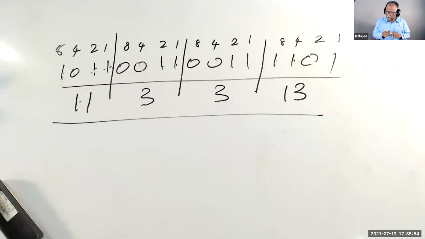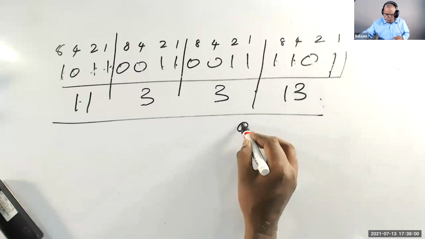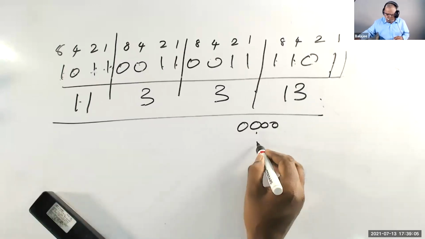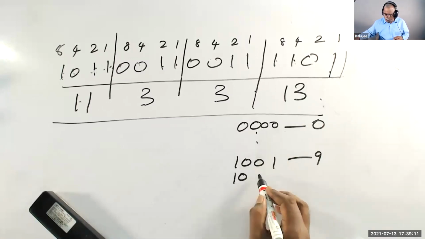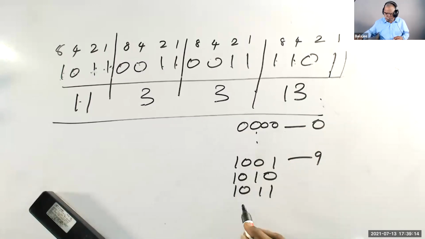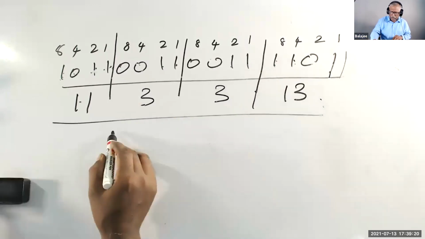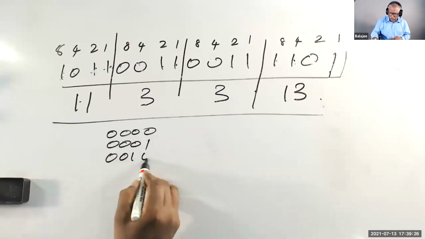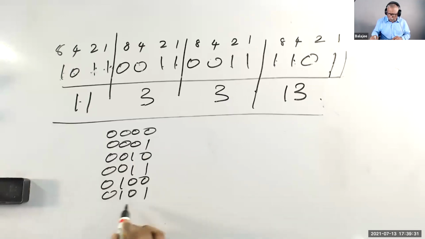What they did was, in this group, I start from 0, 0, 0, 1, 0, 0, 1, up to 1, 0, 0, 1. This is 0, this is 9, that is fine. But when I have 1, 0, 1, 0 and so on, let us write on the next line. I'll create the groups: 0, 0, 0, 0, 0, 0, 0, 1, 0, 0, 1, 0, 0, 0, 1, 1, 0, 1, 0, 0, 0, 1, 0, 1, 0, 1, 1, 0, 0, 1, 1, 1, 1, 0, 0.